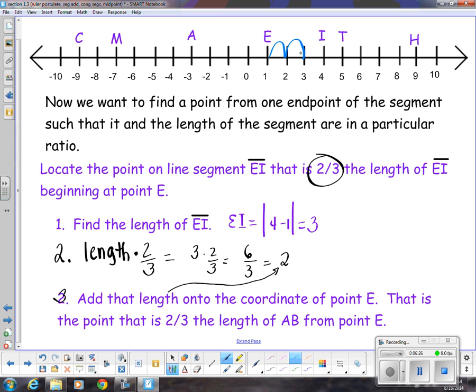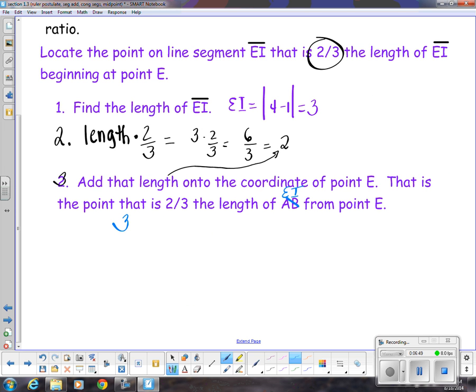What did they ask? Locate the point on line segment EI that is 2/3 the length of EI beginning at point E. So the point that is 2/3 the length of EI from point E is going to be 3, because I started at 1.